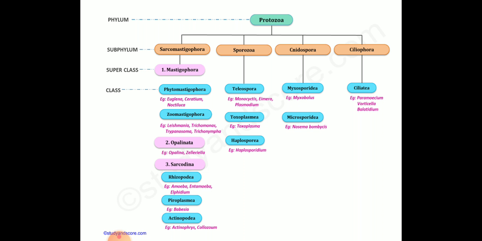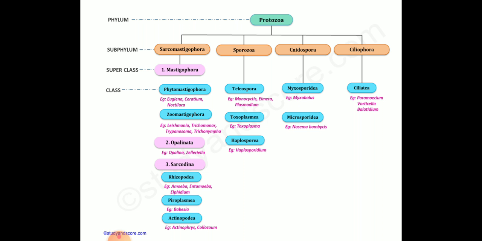Under the subphylum Sarcomastigophora, you will have the classes Phytomastigophora, Zoomastigophora, Rhizopodiae, Pleuroplasmiae and Actinopodiae. Under the Sporozoa, you have the classes Telospora, Toxoplasmiae and Haplosporiae.